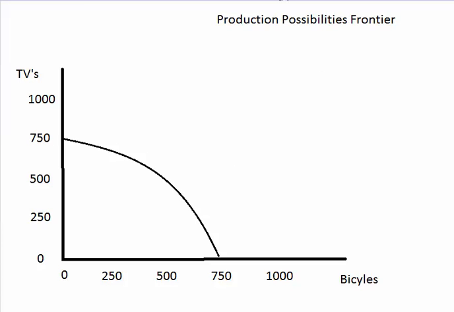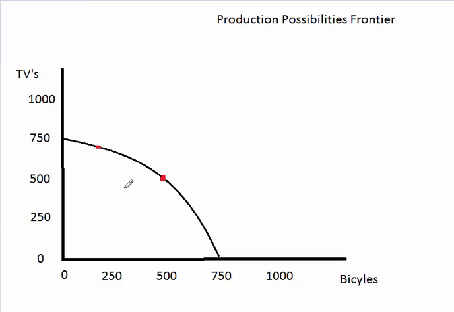Along this curve, so points here, and anywhere along this curve represents a number of outputs of TVs and bicycles that is actually feasible and efficient. So as long as you're on this curve, then you are efficiently using all of your resources to make as many products as possible.